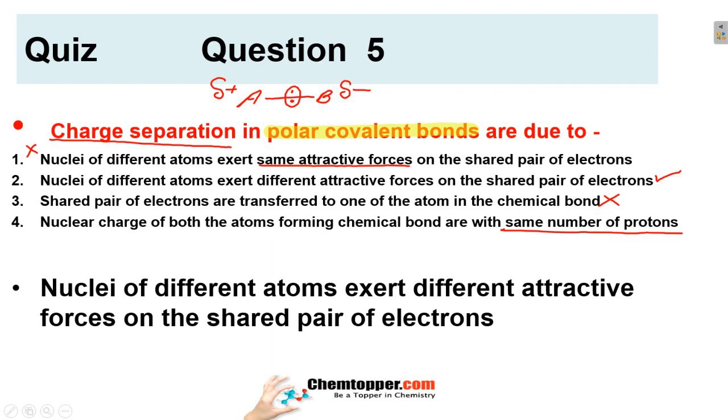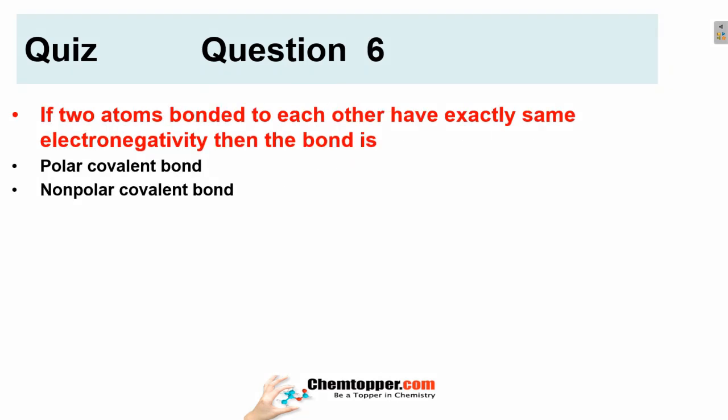Question 6 is based on our understanding of the term electronegativity again. If there is a difference in electronegativity, and if there is no difference in electronegativity. If there is a difference in electronegativity, there is charge separation. And the chemical bond is going to be called as a polar covalent bond.